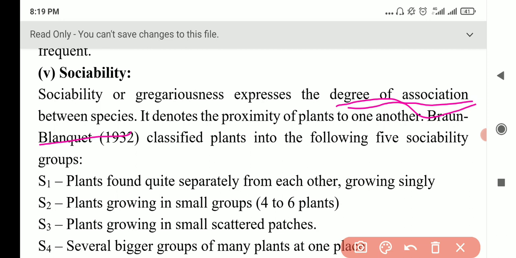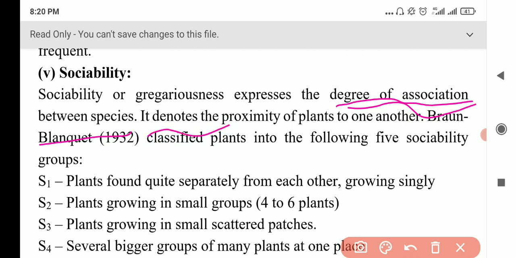So even in plants, they have different degrees of association. Some of them are close to each other, some are further. Same way that you have varying degrees of friendship: very good friend, just a friend, then just an acquaintance, and just face value. Okay, I'll continue.